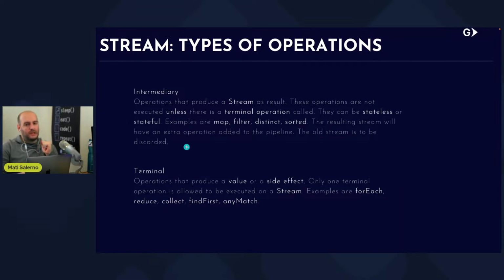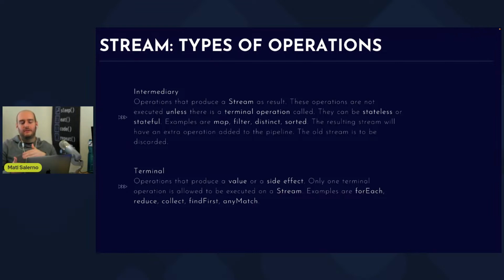And it's really important that we understand the differences between these two kinds of operations when we deal with streams, because if you never call a terminal operation, this will not take any effect. Like, let's say you want to transform elements of a list. So you create a stream and then you do map. If you don't call a terminal operation on that stream, that map will never take effect.